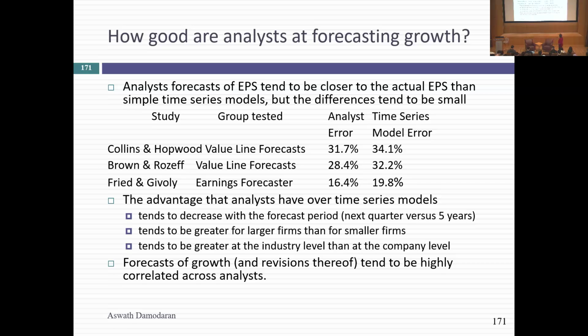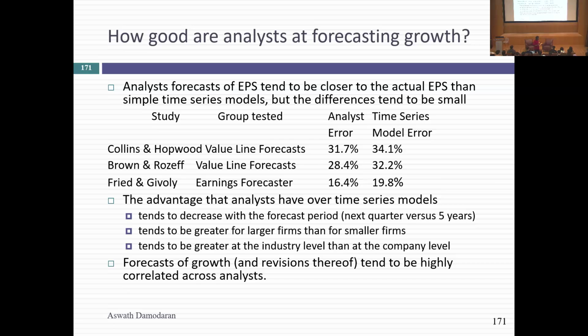In the first study, analyst forecast error was 31.7%. So they were off by about, on average, 31.7%. If you do a time series model, you're off by 34.1%. So basically, you got a savings of 2.4% in standard error by paying tens of millions of dollars to equity research analysts to forecast the earnings. That doesn't look like much of a payoff.